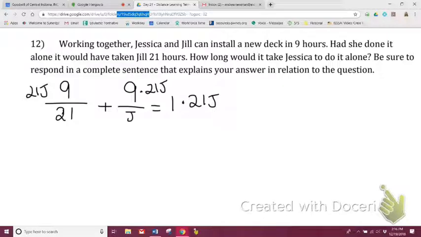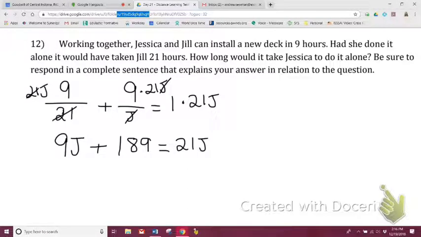So on my first fraction, the 21s cancel, leaving me with 9j. Plus, for my second term, my j's cancel, leaving me with 9 times 21, which is 189. Bring my equal sign down. 21j times 1 is 21j.